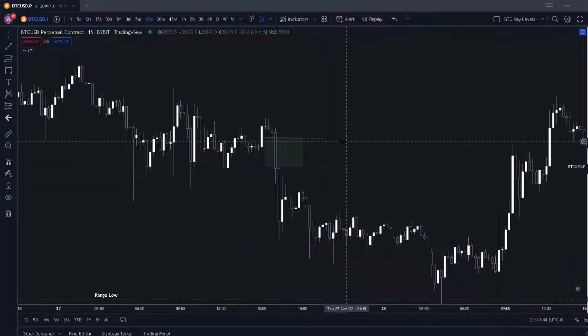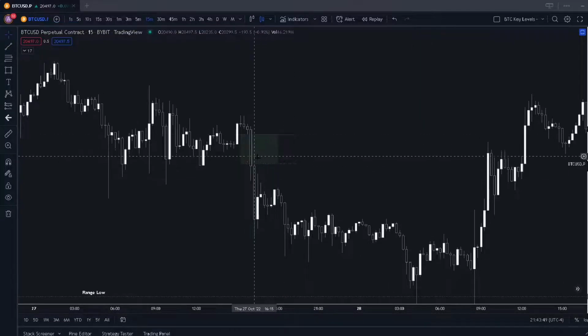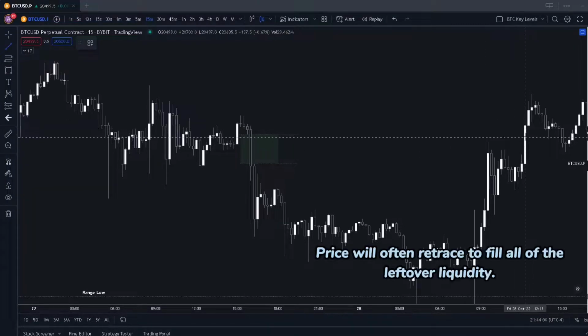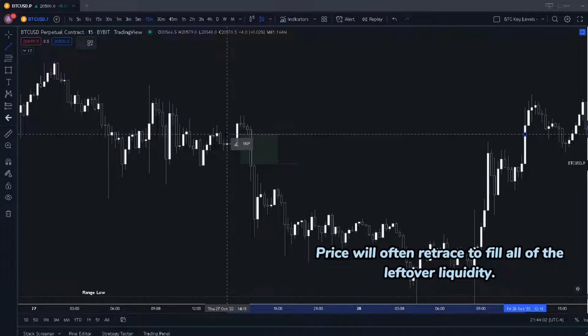So we have this gap right here. When there's gaps like this, it means there was an excess of liquidity right here. Since there's an excess, this liquidity wants to get filled and ends up getting filled by these two candles right here. As you can see, this candle body closes above it.